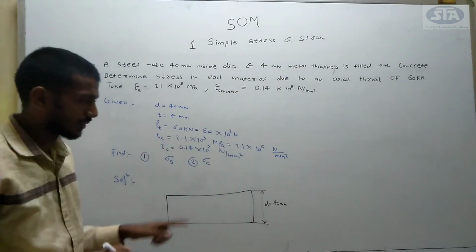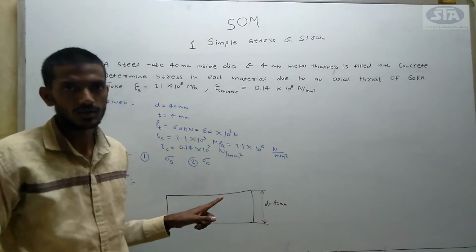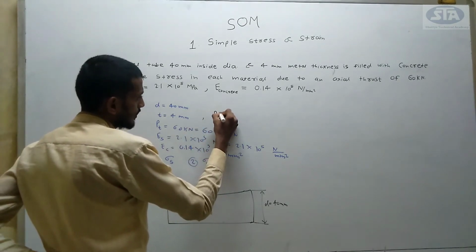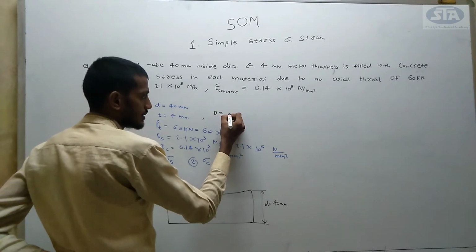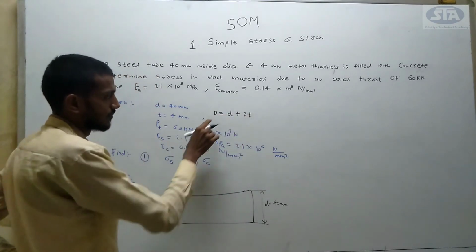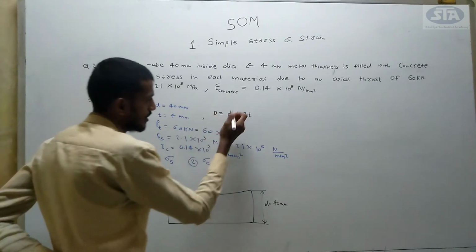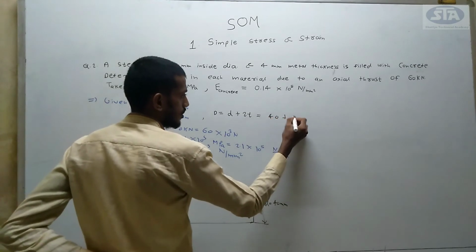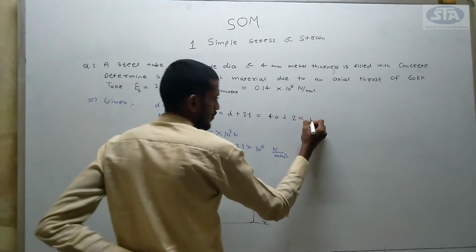Okay, we are given metal thickness but we don't know the outer diameter. So how can you find outer diameter? The formula for finding outer diameter is capital D equal to small d plus 2 times thickness, which is 40 plus 2 into 4.